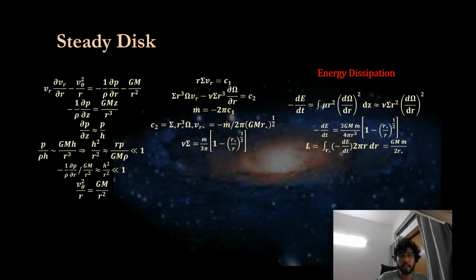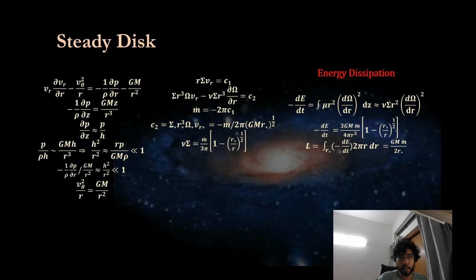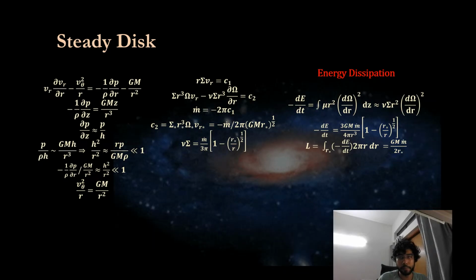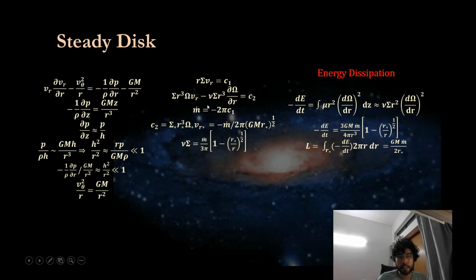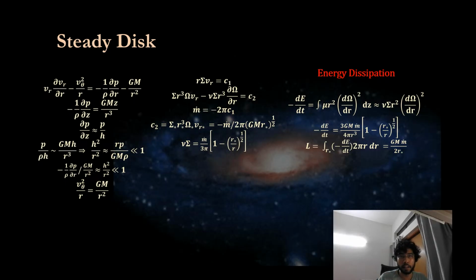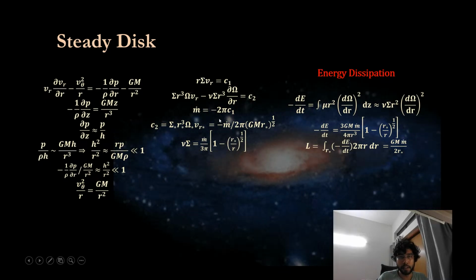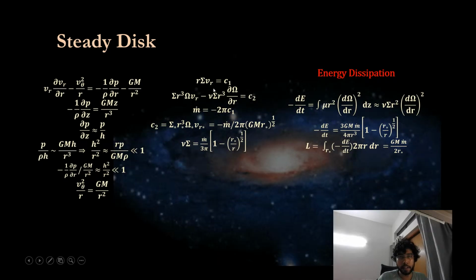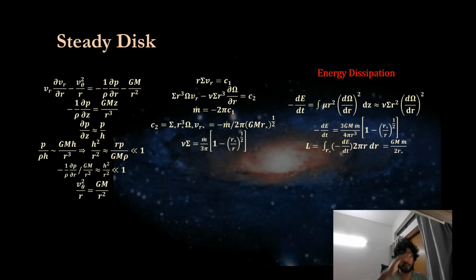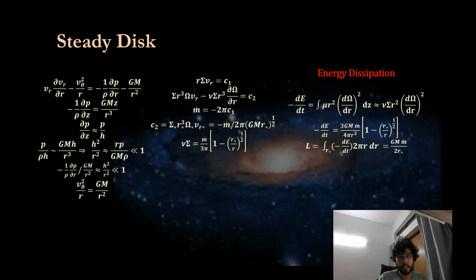The shell area was 4 pi r square, and the mass flux through that is rho v. In this case, it is not a spherical flow; the flow has a thin disk structure. Here sigma is rho dz, and 2 pi r sigma V_r will give you the mass flux through a surface at that radius r.